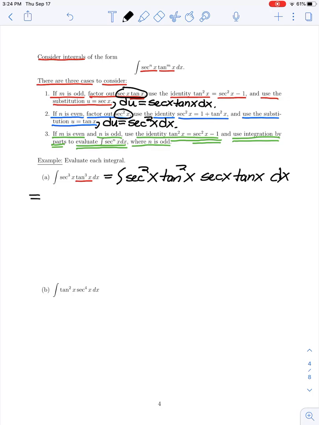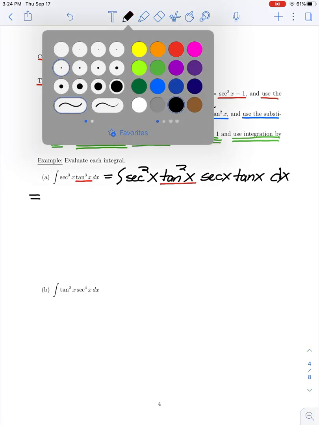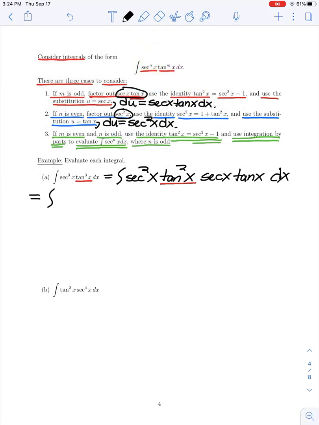Now, once I have factored out that secant x tangent x term, I'm going to make use of the identity tangent squared x is equal to secant squared x minus 1. So I can rewrite this as secant squared x times secant squared x minus 1, and I still have the secant x times tangent x dx on the end.